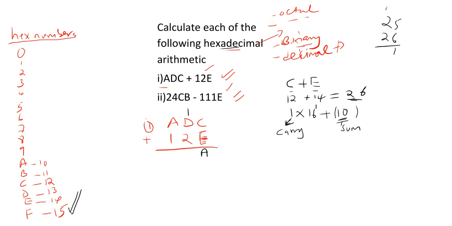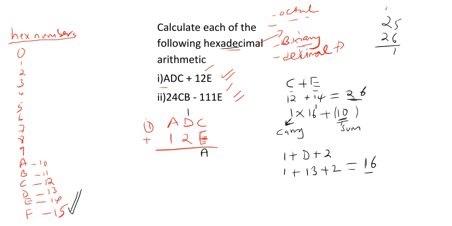Now in the second column from right, we have 1 plus D plus 2. D is representing 13, so 1 plus 13 is 14, and we add 2. In this case, we are going to get 16. Remember, in hexadecimal numbers, we have 0 to 15, which is a total of 16 digits.